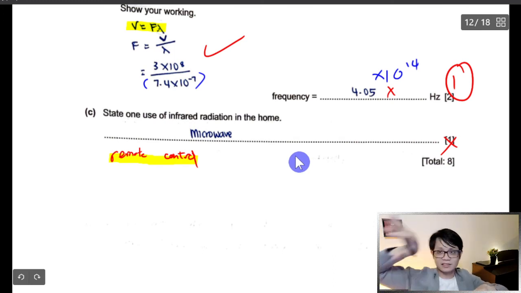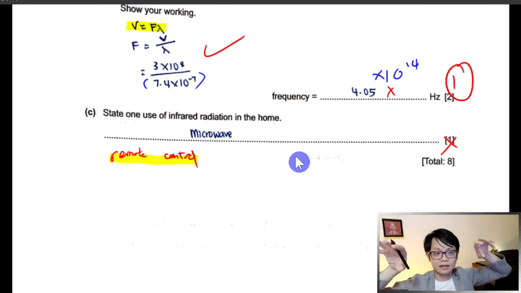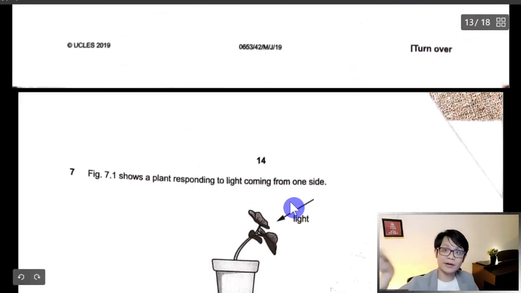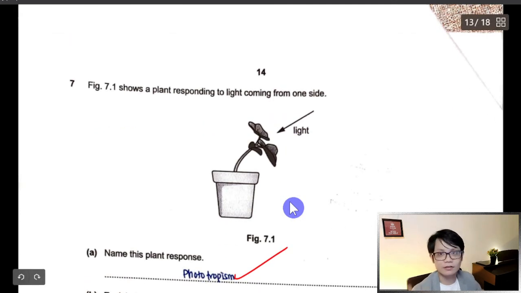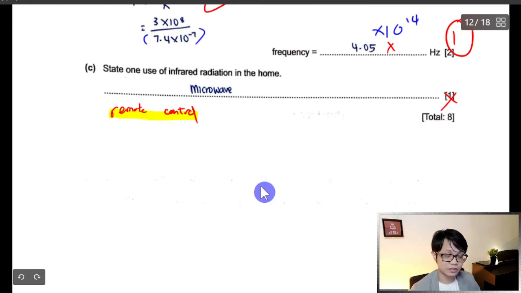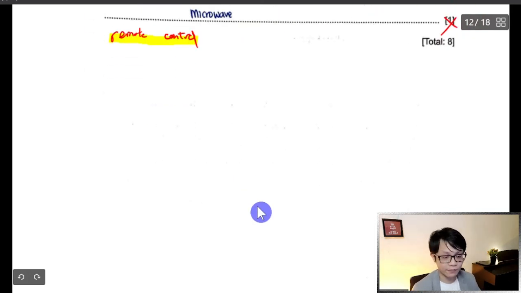Infrared is in the front, microwave is at the back, so it's totally different direction. Of course, gamma ray is more to the front. Do you remember the picture I'm talking about? If you don't know, you can Google and search electromagnetic wave, then you can see the different types of wave.